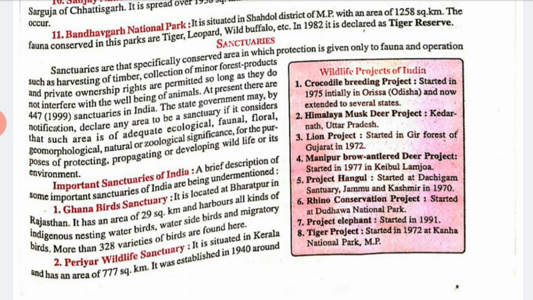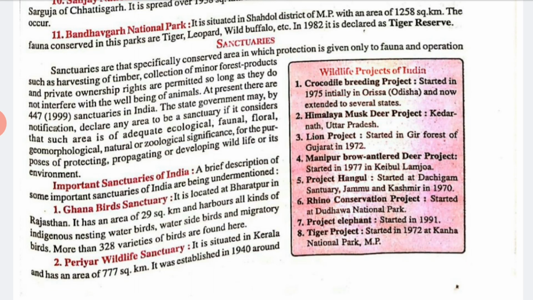The state government may, by notification, declare any area to be a sanctuary if such an area is considered to be of adequate ecological, that is floral, faunal, geomorphological, natural or zoological significance.